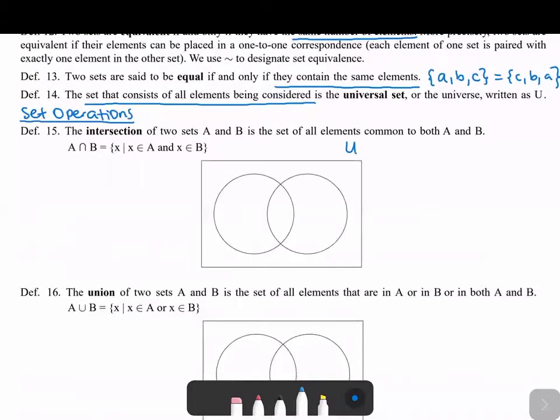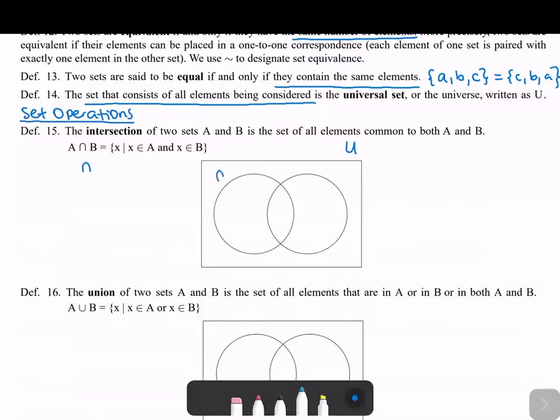The intersection of two sets A and B is the set of elements common to both A and B. So you can see the intersection is denoted by this symbol, which, when we talked about the logic in the previous chapter, we saw was really similar to the logical and symbol. That's because this is similar, right? It has things in both A and B.